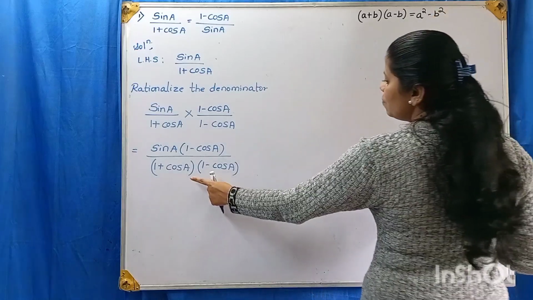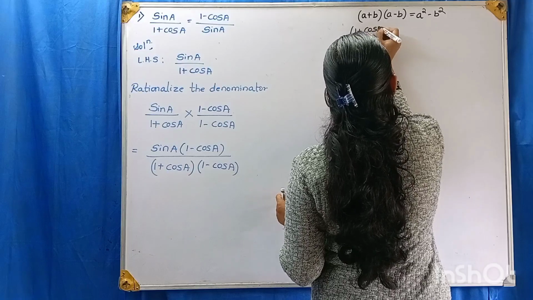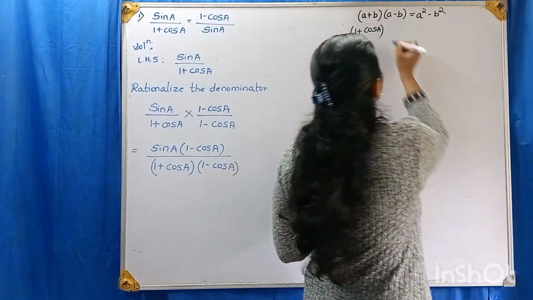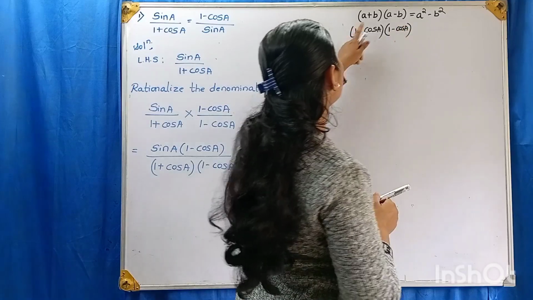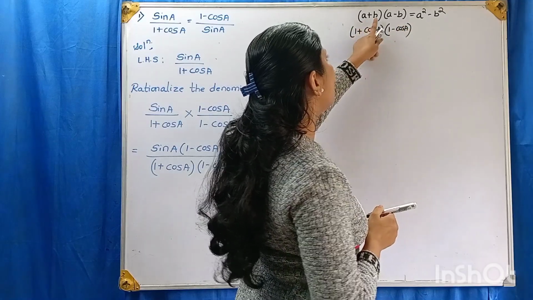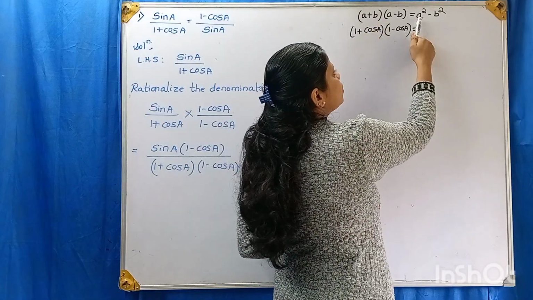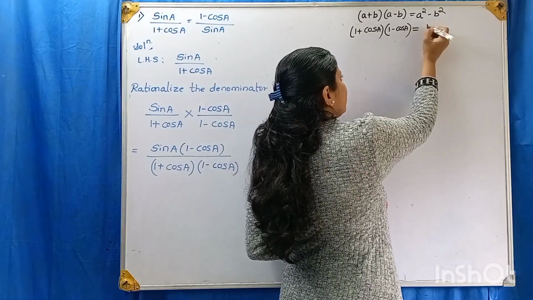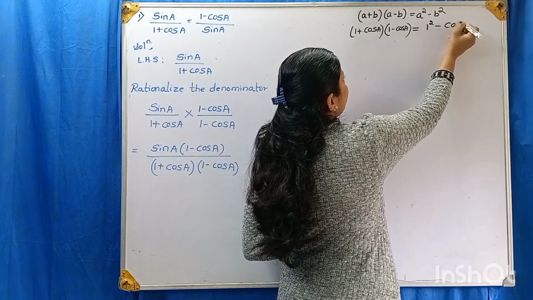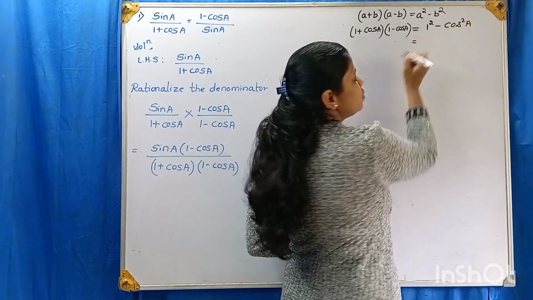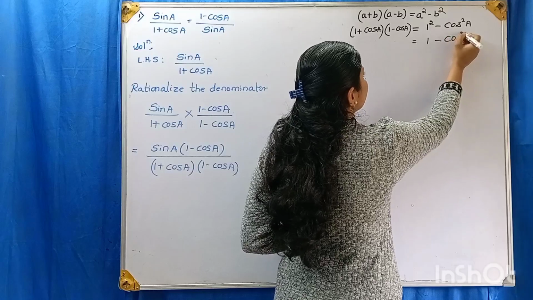Here, in the place of A, we have 1, and in the place of B, we have cos A. Therefore, A square is 1 square minus B square, which is cos square A. 1 square, I can write it as 1. Right? Cos square A.